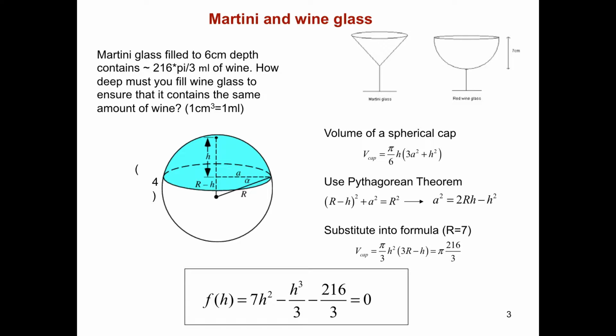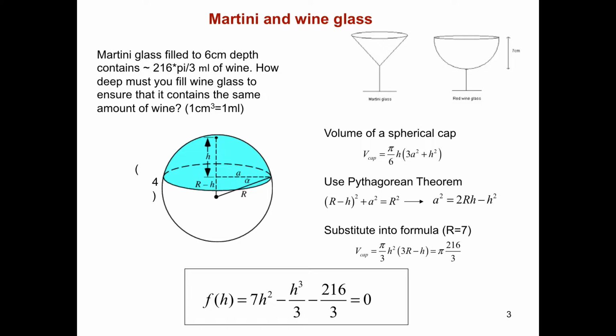So we're wondering, what is the height up to which I need to fill the glass to have a certain desired volume? So, the volume of a spherical cap. This is a formula that is given. If I have a sphere of radius r and this height h, then I can find a from basic geometry and Pythagoras.